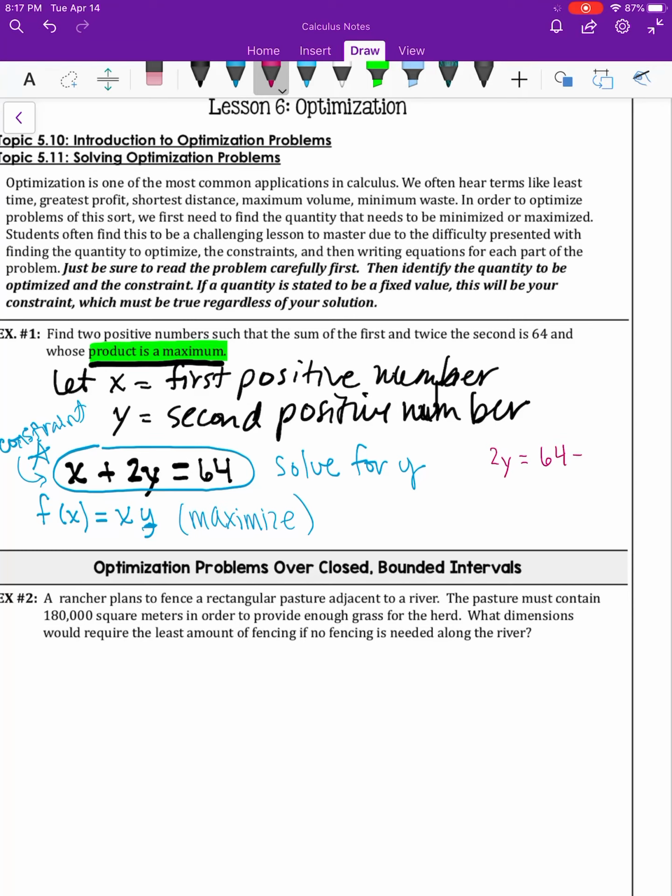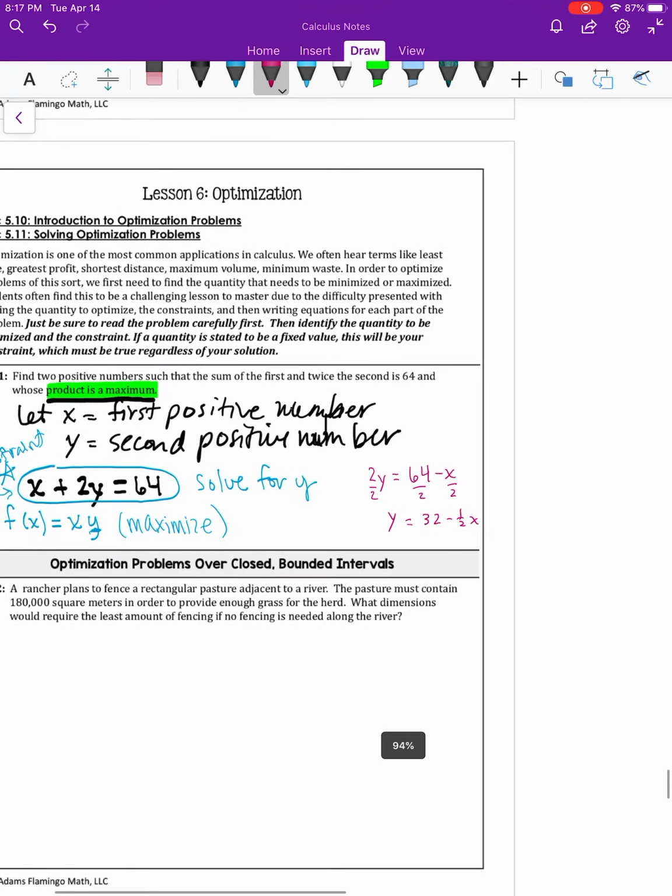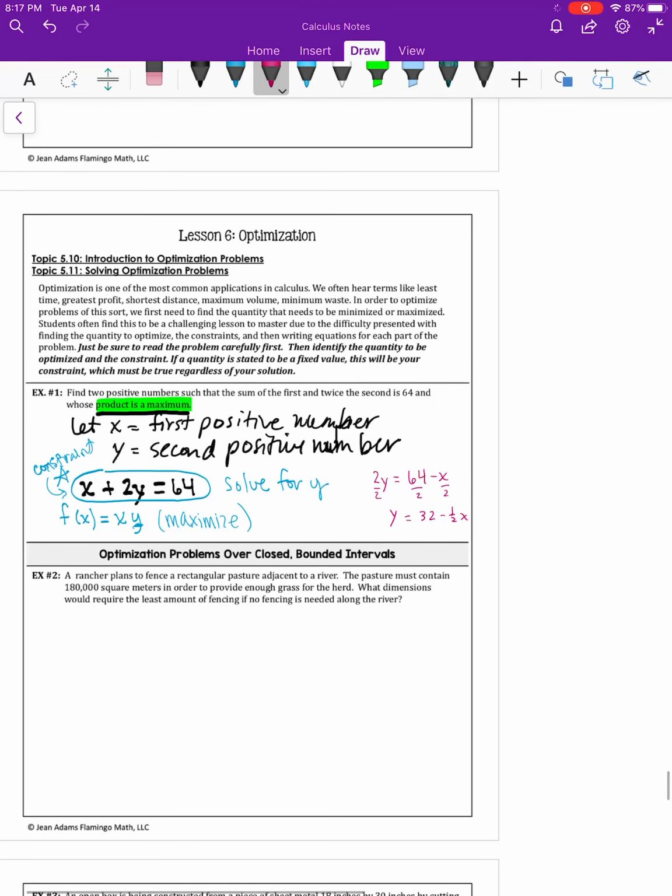And we also typically have another relationship between the variables. So if we solve for y, first thing we would do is subtract x from both sides and then divide by 2. So our y equals 32 minus 1/2 x.